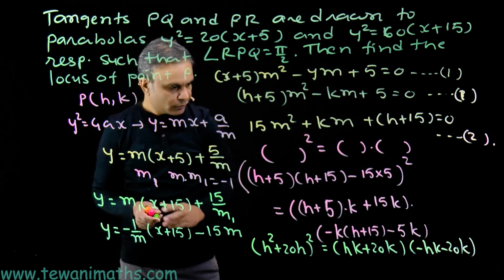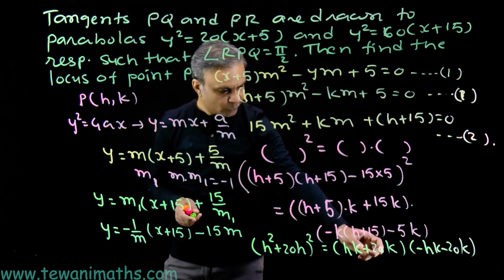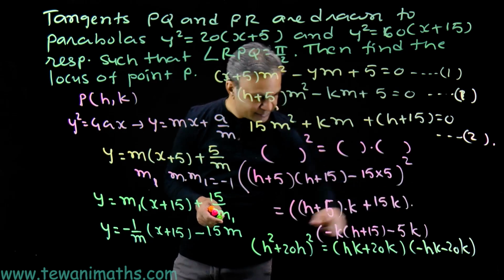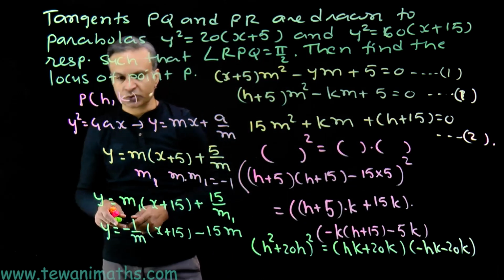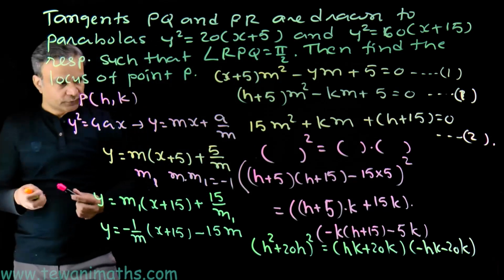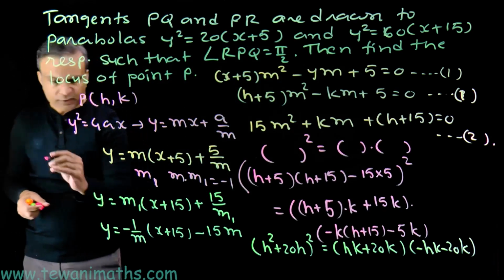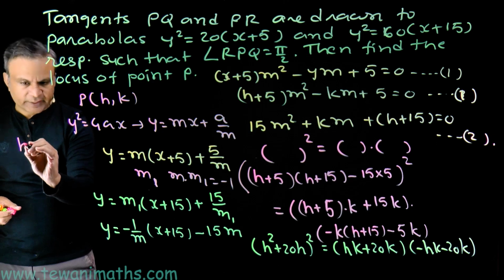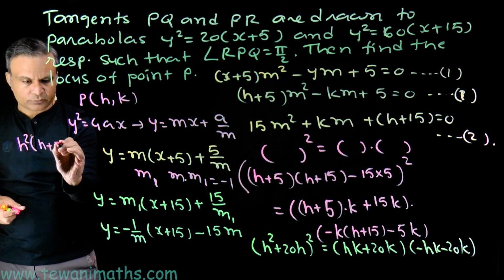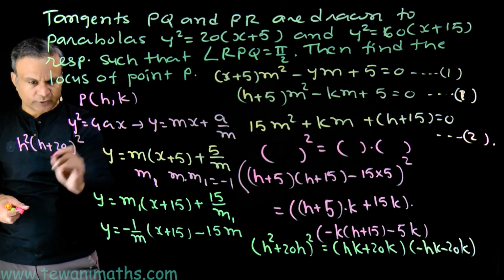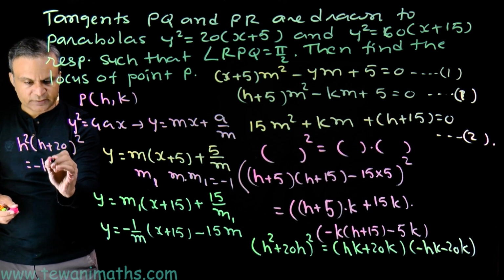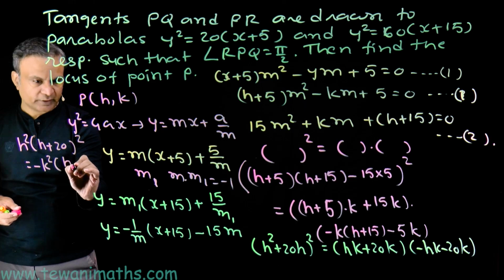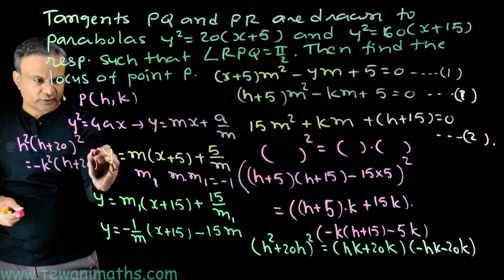Now from this factor we can take k common, and from this factor we can take minus k common, and from here we can take h common. We get h square into h plus 20 whole square is equal to minus k square multiplied by h plus 20 whole square.